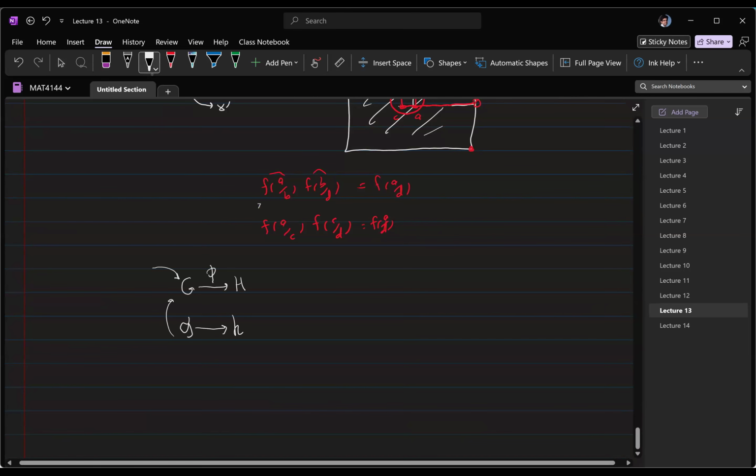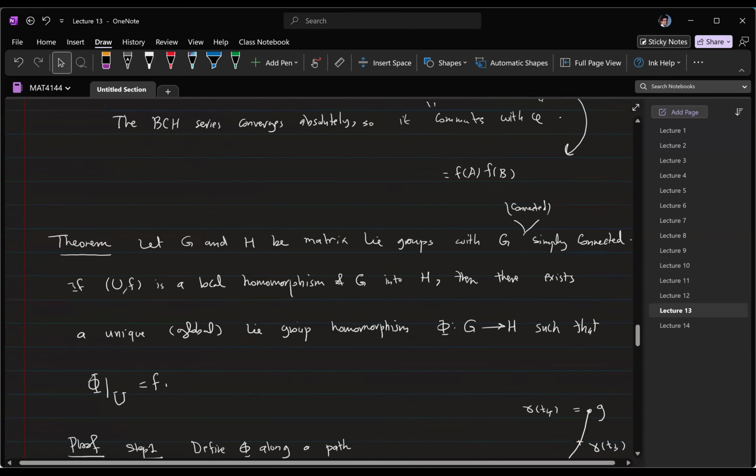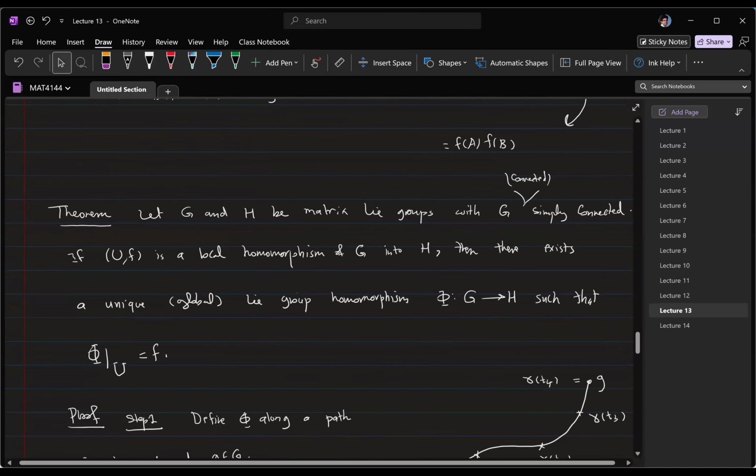The reason is that you can first lift this to a local homomorphism, and then you can show that your local homomorphism can be extended to a global homomorphism, to a homomorphism from the entire group. That was basically the argument that we gave. We didn't quite finish, but I gave the main ideas of the argument.